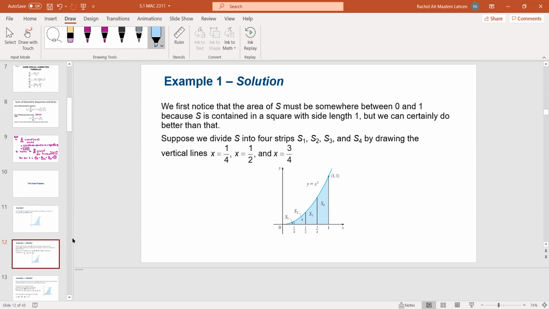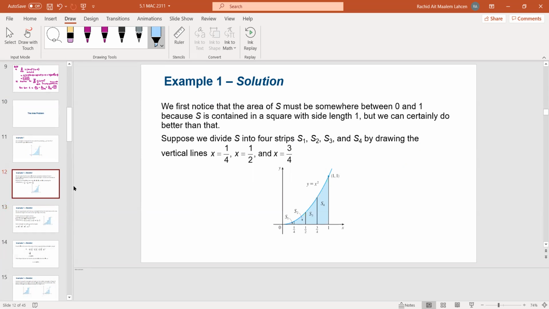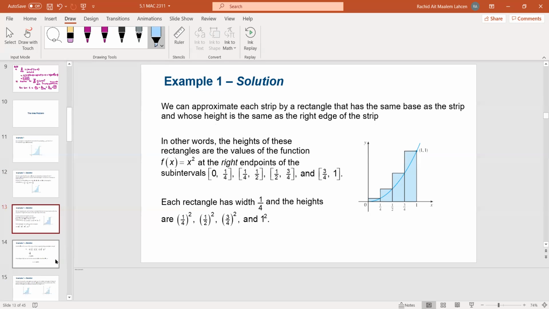They are all equally divided, so they have equal widths in this case. And we have S1, S2, S3, S4 strips. And from there, we can decide how to calculate the area based on these strips. So yeah, there are a few options, and we'll see what they are.